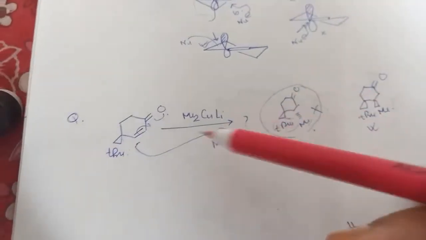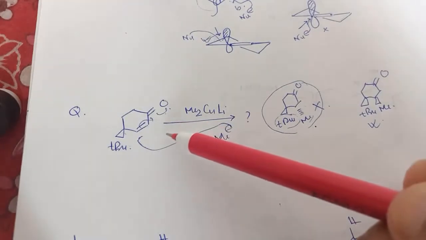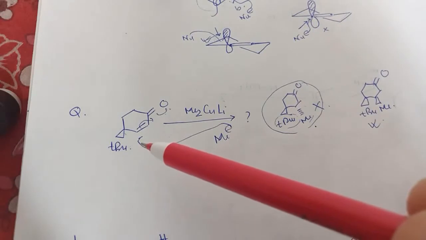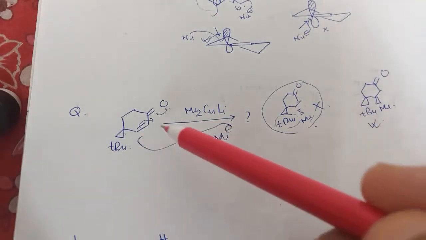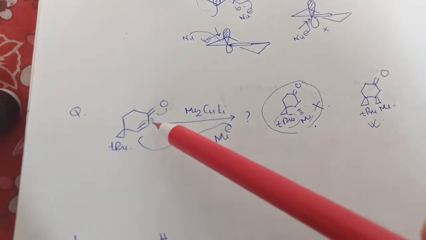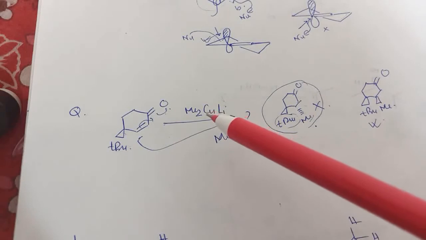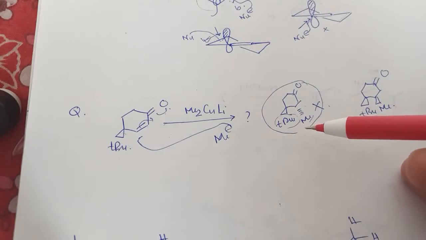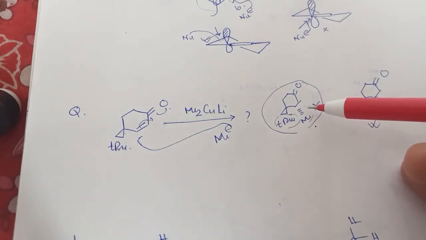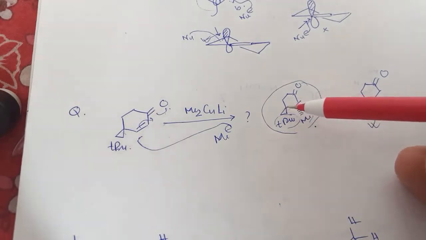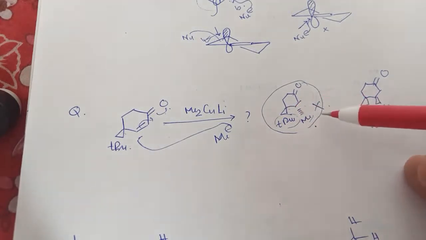Now coming to one problem. You can see a Gilman reagent is given, and an alpha beta unsaturated carbonyl is there. So basically methyl will attack here, conjugate addition will occur, and you can predict the product. You might expect the product to have methyl here at the below position, because tertiary butyl is a quite bulky group, so it will place the methyl below to avoid the steric hindrance.